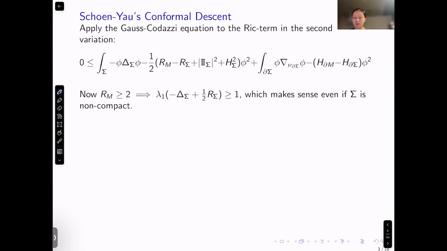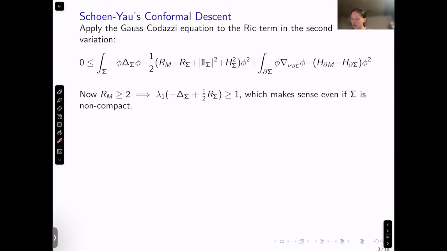What they realized is that if you look at the interior terms, you can understand this as the first variation of an operator that relates to the conformal Laplacian, and that tells you it has a positive first eigenvalue. And if you apply a conformal change using this eigenfunction, then when the minimal surface is closed, you get a PSC metric.